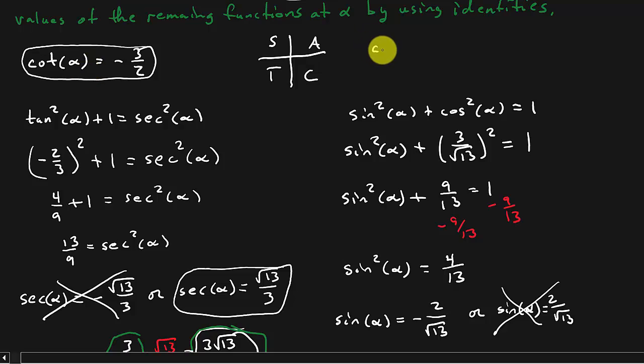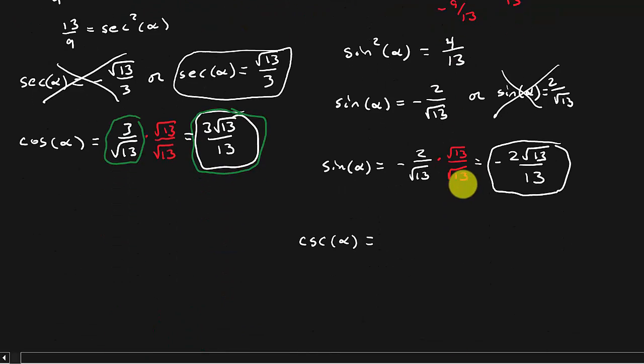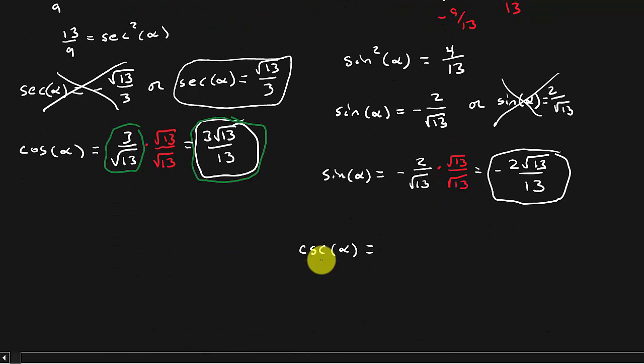We could use cotangent squared alpha plus 1 equals cosecant squared alpha, right? You could use that, plug cotangent in and solve for cosecant. But why would we do that? But that is something you could do. But why would we do that when we know that cosecant is just the reciprocal of sine?